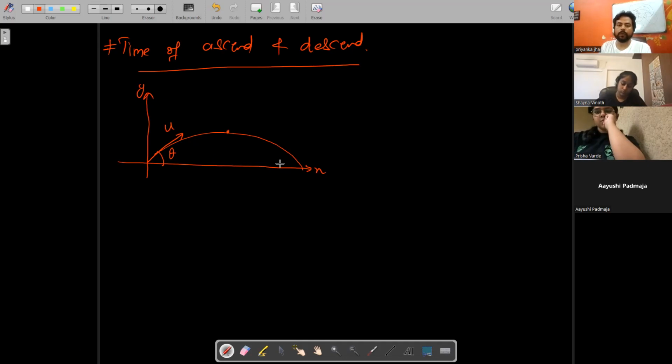The time taken from ground to the maximum point is known as time of ascent. Let's denote it by TA and TD, time of descent. So this time from point O to point A, the maximum point, is known as time of ascent. So we have to find this time. And you know, at the maximum point, what would be the vertical component of the velocity?